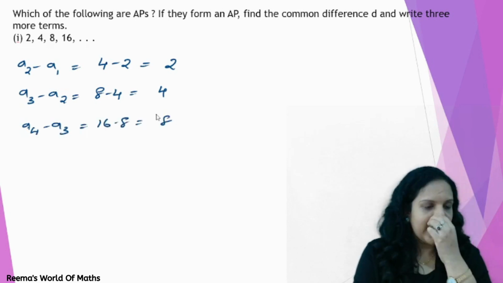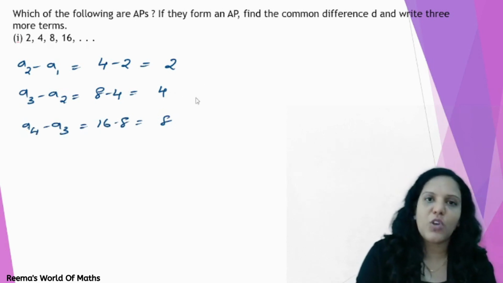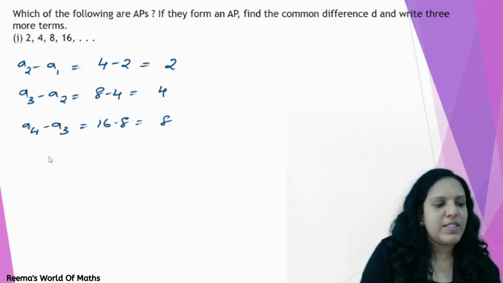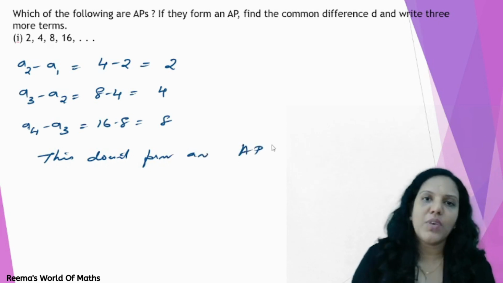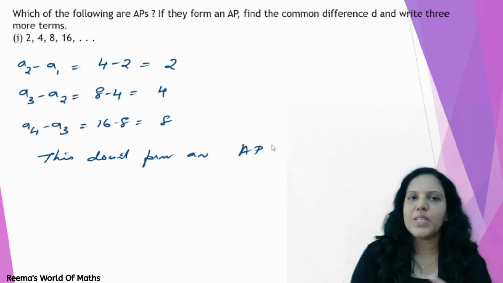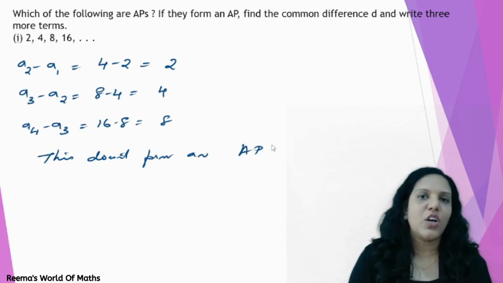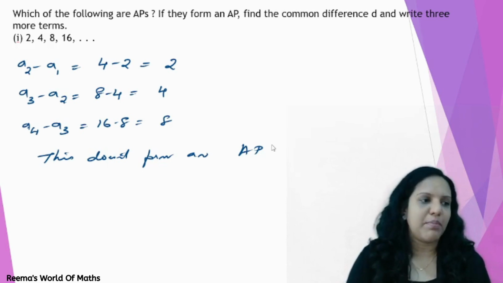So here we can see the difference between two consecutive numbers is not the same. So this doesn't form an AP. This series is not an arithmetic progression because the difference between two consecutive terms is not fixed. It's not constant in this series. So we can say this is not an AP.